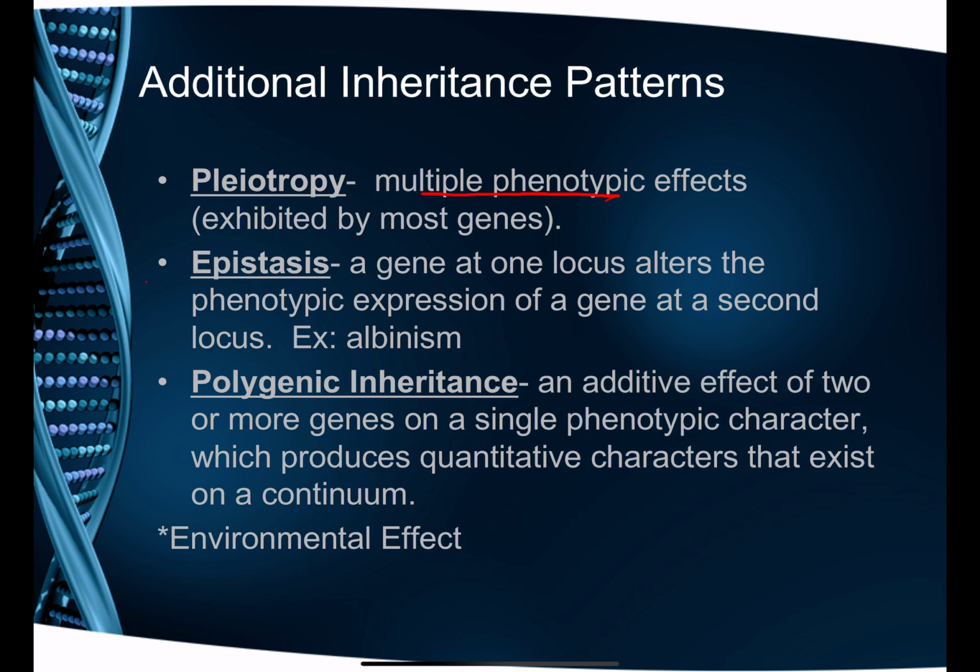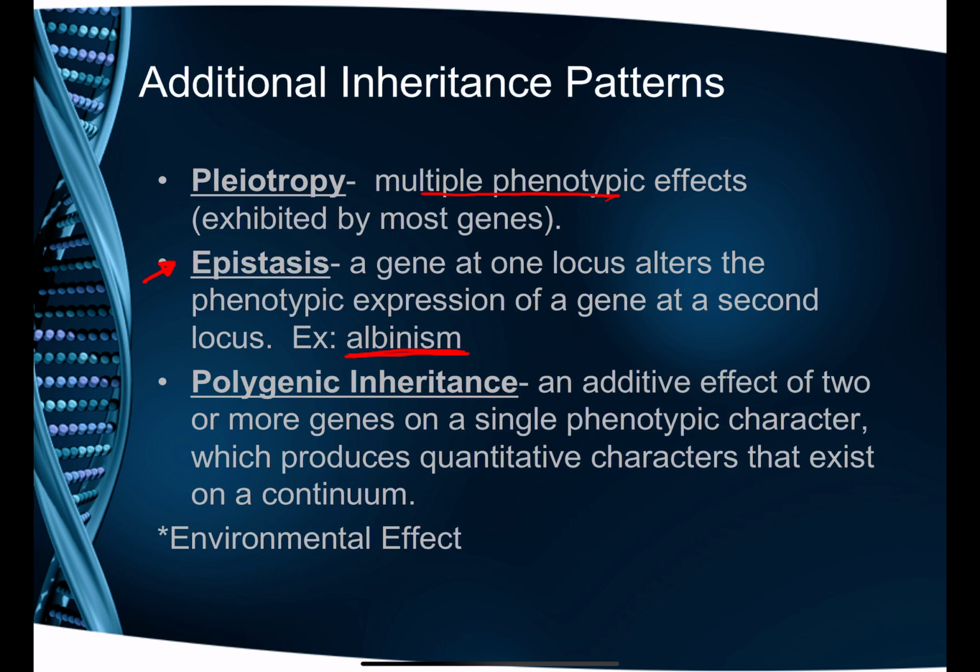Okay, epistasis is another example. Epistasis is when a gene at one locus, or spot on the chromosome, alters the expression of another gene. So, for example, if you have a trait for albinism, it doesn't matter what your hair trait is. It's not that you've got a trait for white hair, right?